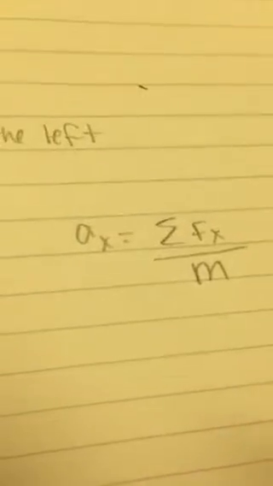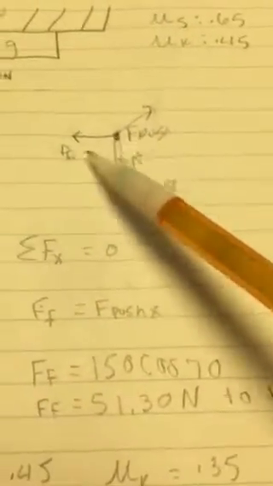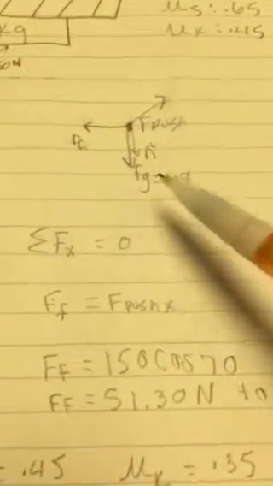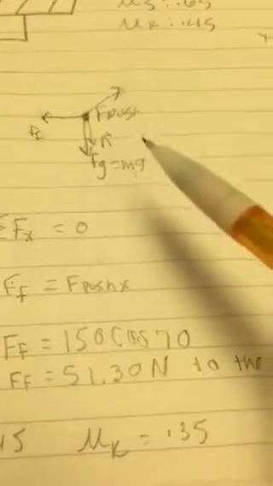So we know that the sum of the forces in the x direction, that would be the force of kinetic friction, and then the x component of the force of the push.